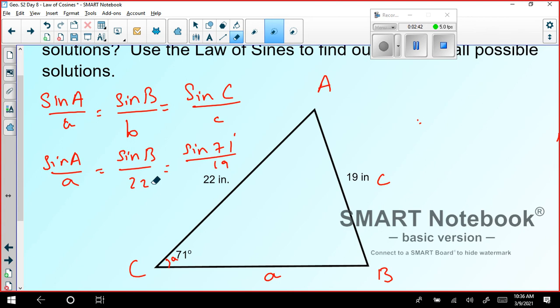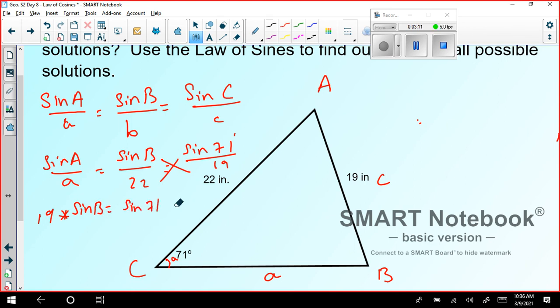We have to use law of sines. We can't simplify this, but here there is only one unknown, so we can cross multiply and simplify further. So I'll have 19 times sine B equals sine 71 times 22.